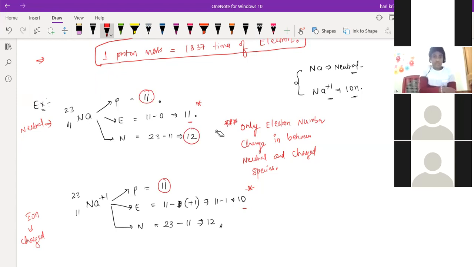The neutron number is constant. Only the electron number changes between the element's neutral species and the charged species. Is it clear now? Yes, sir. Any doubts? No, sir.